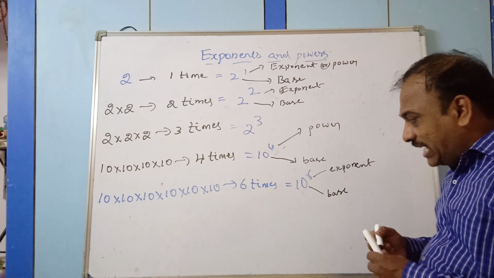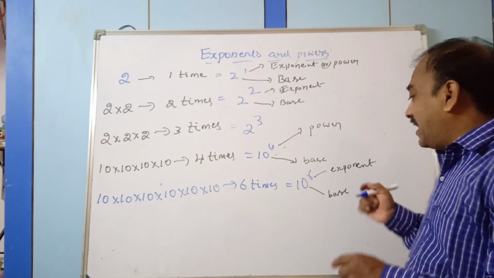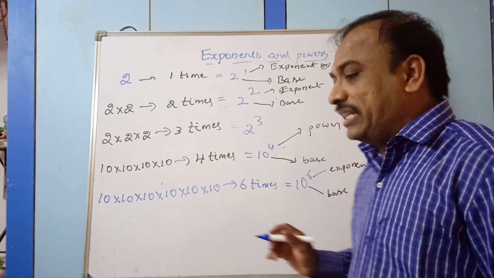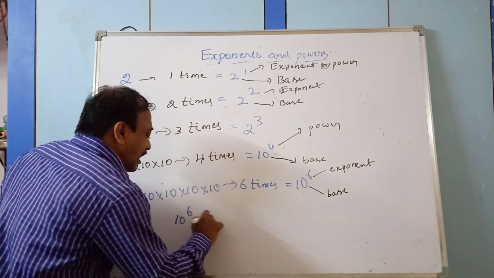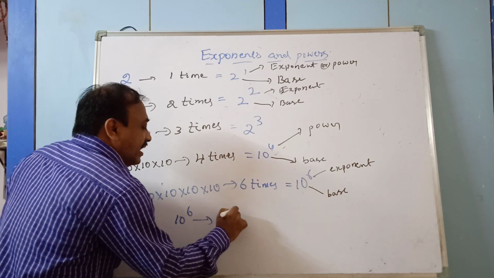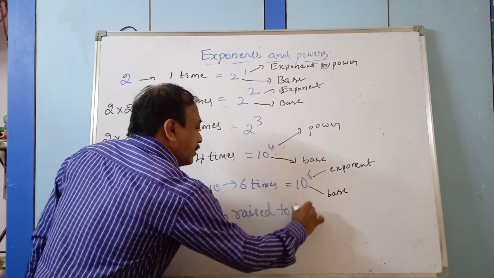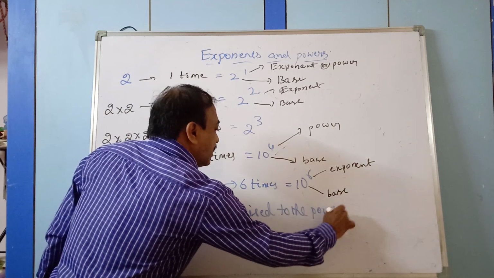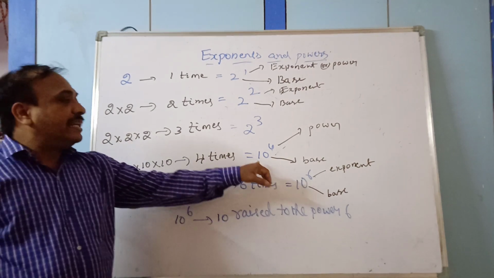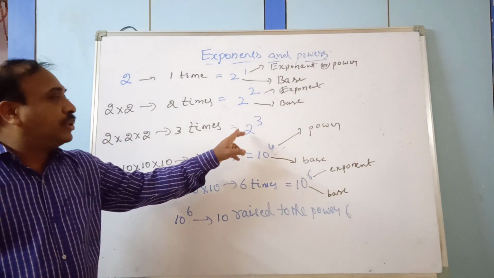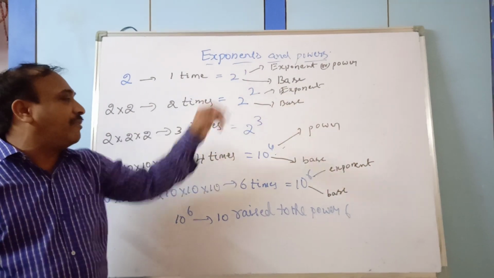So how do we read these? 10 raised to the power 6. 10 raised to the power 4. 2 raised to the power 3. 2 to the power 2. 2 to the power 1.